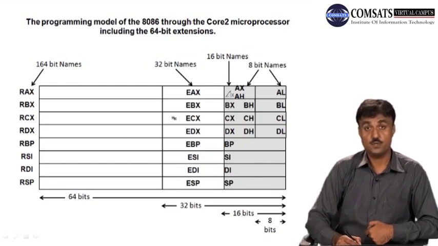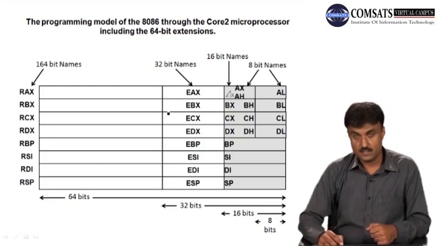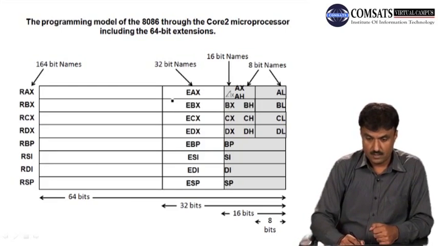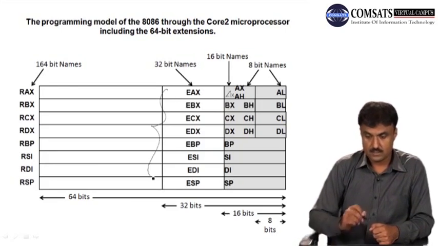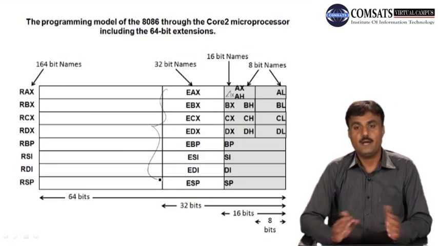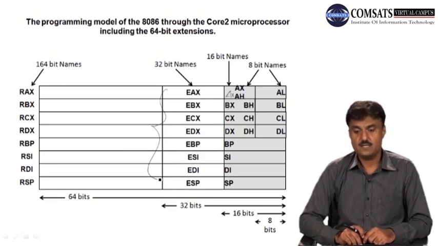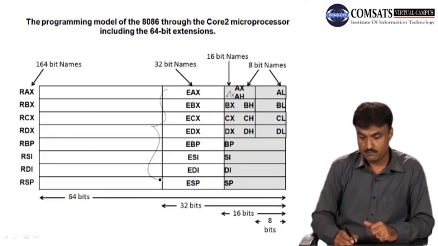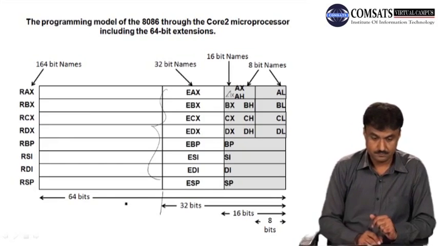Now we will move toward the 32-bit architecture, like 386 and upward, up to some other processors. So here you can see their names are only added with E: EAX, EBX, ECX, EBP, and so on, for this 32-bit architecture.